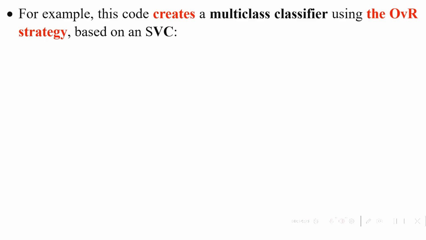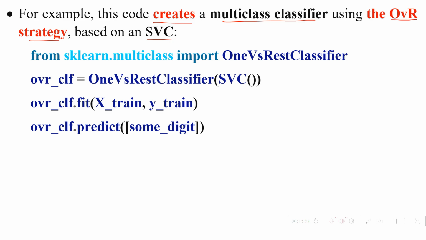For example, this code creates a multiclass classifier using the one versus rest strategy based on the support vector classifier. From sklearn.multiclass, we are importing the OneVsRestClassifier, and creating ovr_clf equal to OneVsRestClassifier.